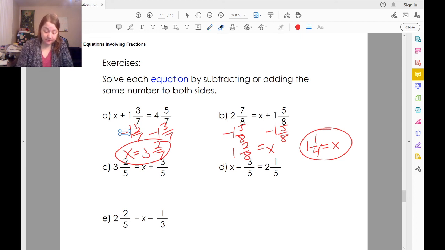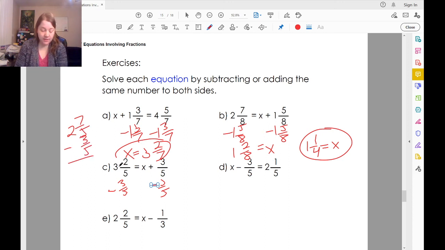Letter C. We have 3 2/5 equals x plus 3/5. So what we're going to do is subtract 3/5 from both sides. Except I can't do 2/5 minus 3/5, so I'm going to borrow. And this will become 2 7/5 minus 3/5.